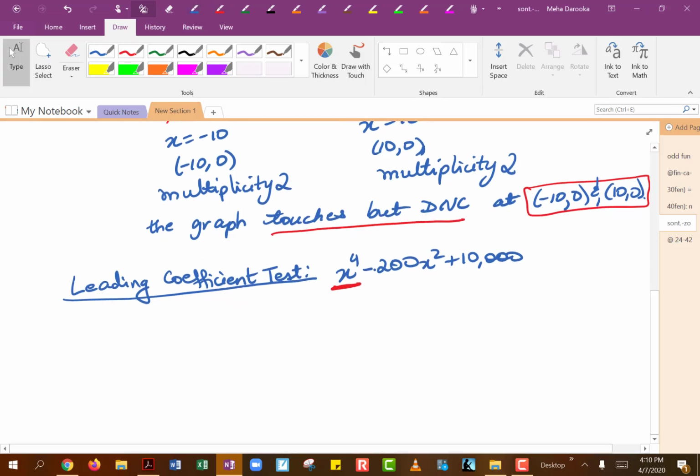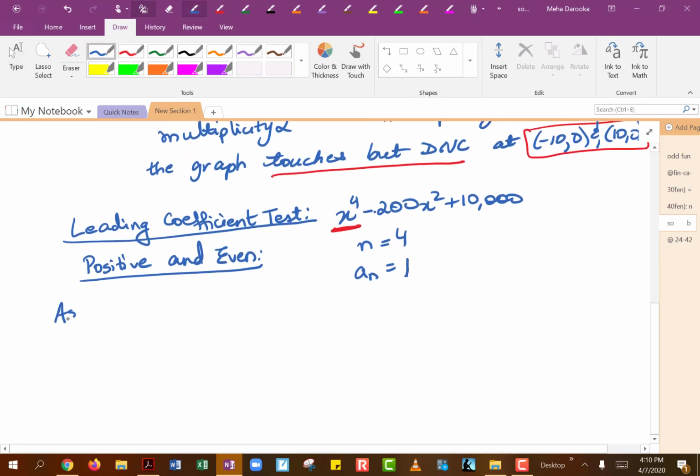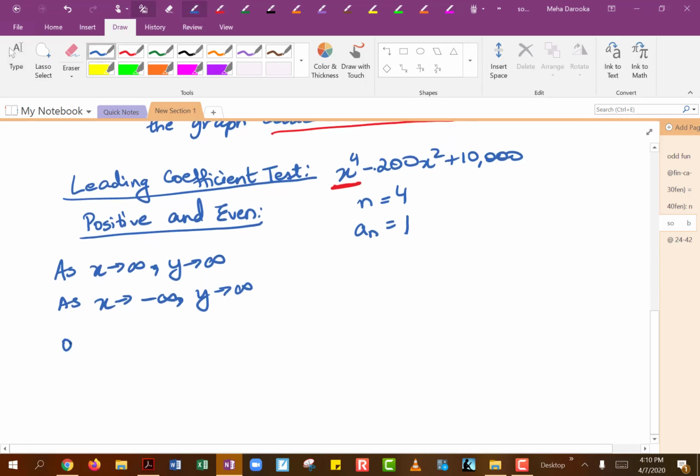So you can see we have our degree n, which is 4. Our coefficient, which is the coefficient on x to the fourth, which is positive 1. So again, you have a positive and even exponent. So positive and even, of course, tells us as x goes to infinity, y goes to infinity. As x goes to negative infinity, your y would still go to positive infinity.